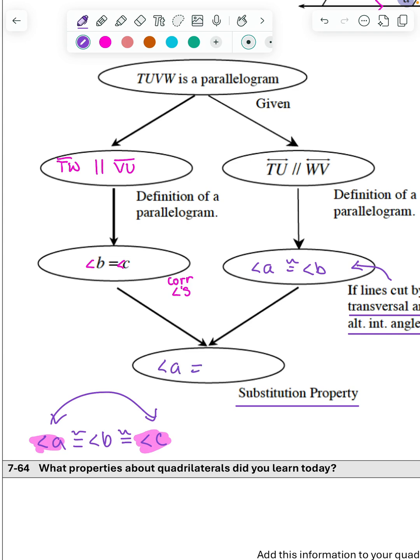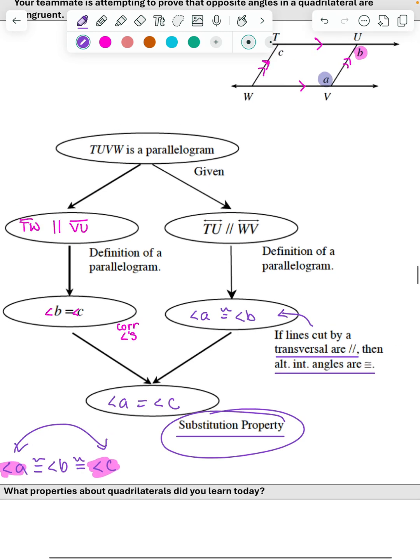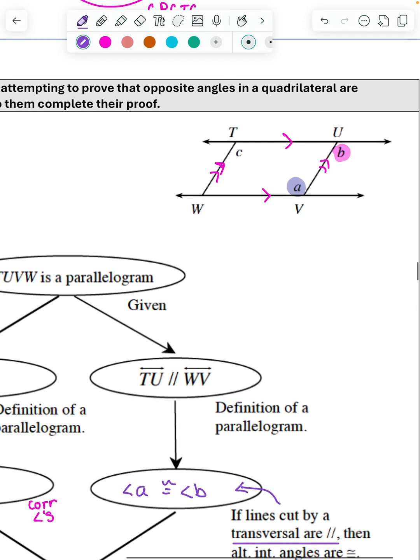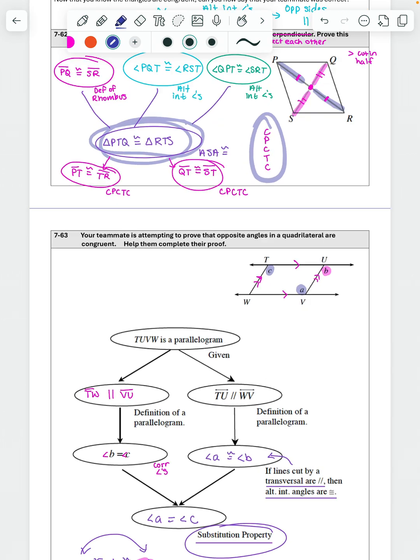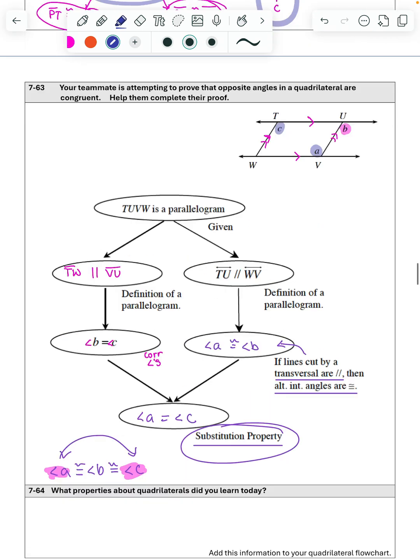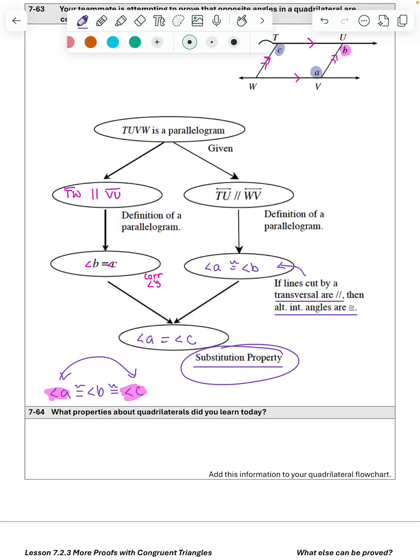So we can say that angle A is congruent to angle C because of the substitution property. And that's what we were trying to prove. We were trying to prove that opposite angles in a parallelogram are congruent. So that's something we can fill in our shape sheet that we will do later. But basically, for a quadrilateral, we learned that opposite angles are congruent. And we did learn more, which I will fill in on the shape sheet in a different video.